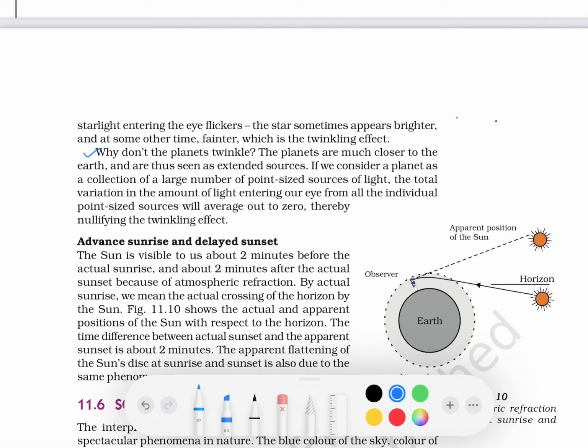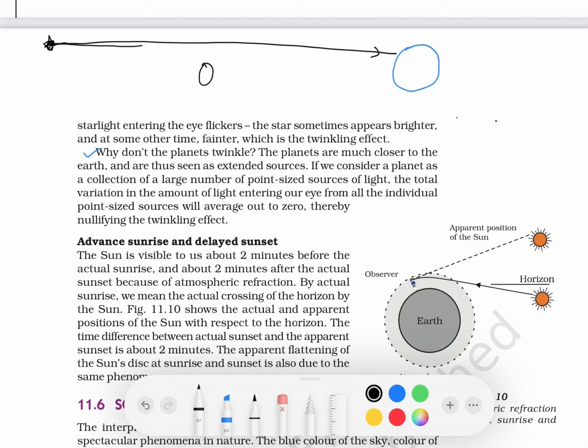Why don't they twinkle? The answer itself is there. Say, for example, this is Earth, and there is a planet which is very, very close to Earth as compared to a star. So, for Earth, the star is just a point source.